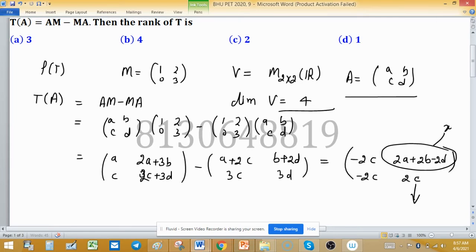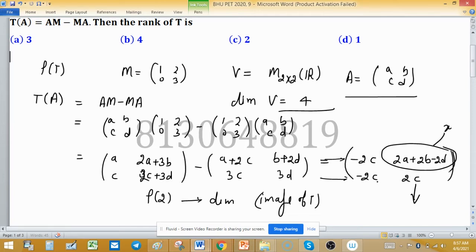It means we have two independent choices, C and this X. So rank is 2, because rank is the dimension of the image of T. Or you can consider that as we obtain this matrix, we have two non-zero rows, this one and this one. So the rank of this one is also 2.